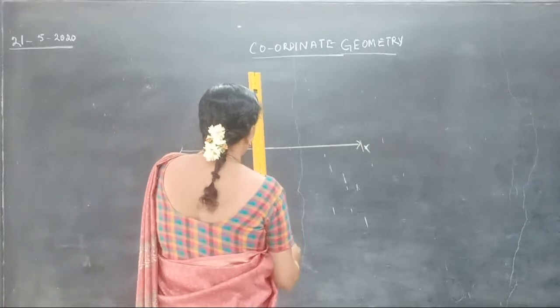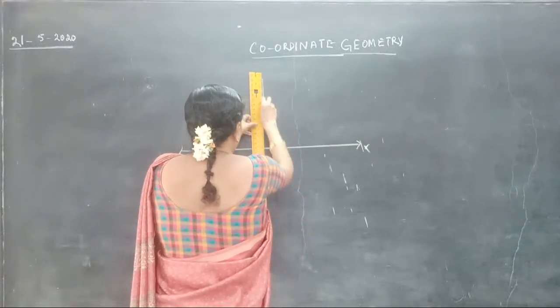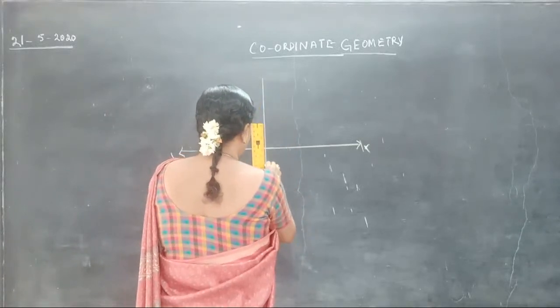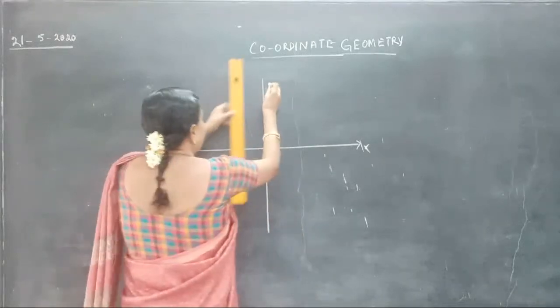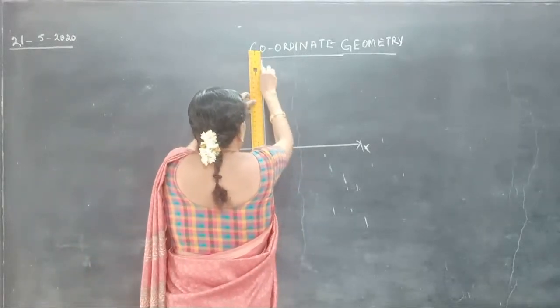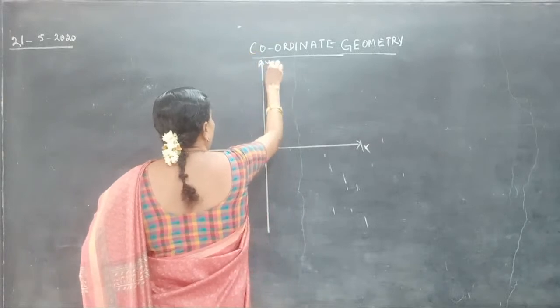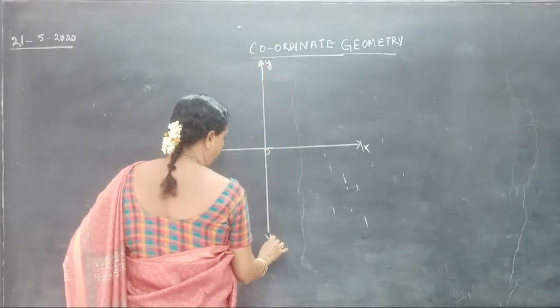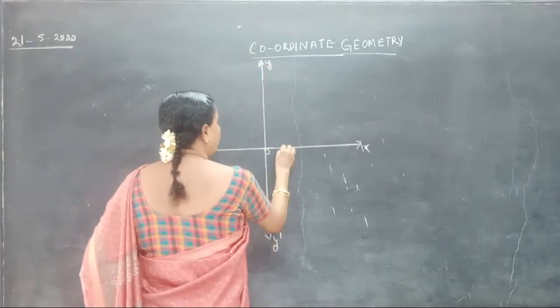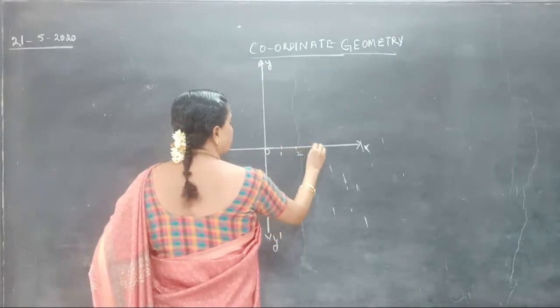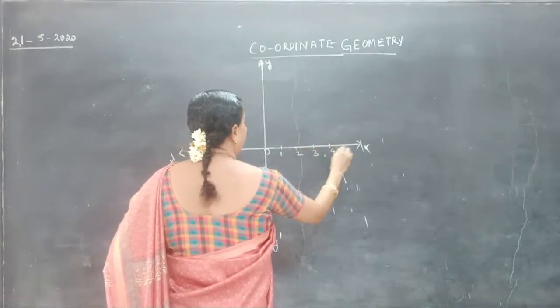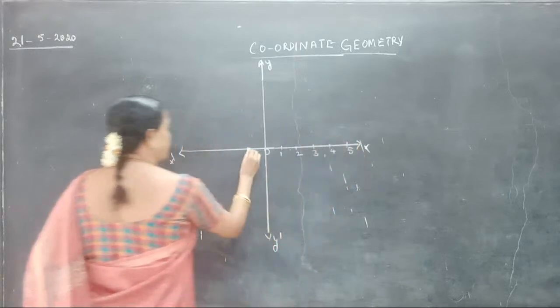When I put another line perpendicular, that is the y-axis like this, it is YOY'. Now locate the points plus 1, plus 2, plus 3, 4, 5.